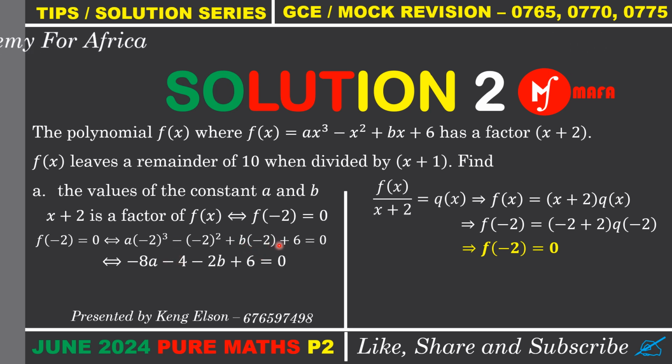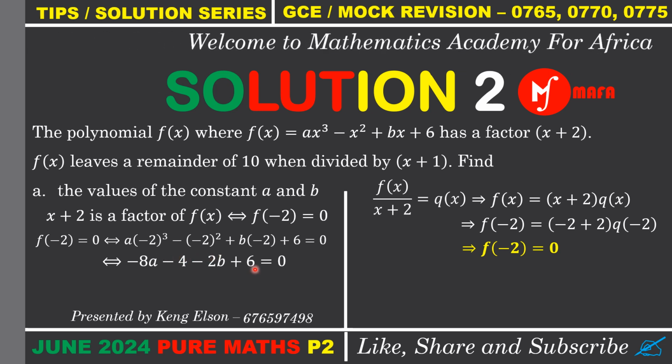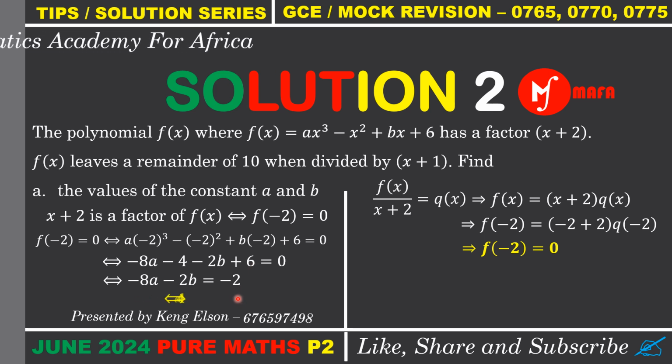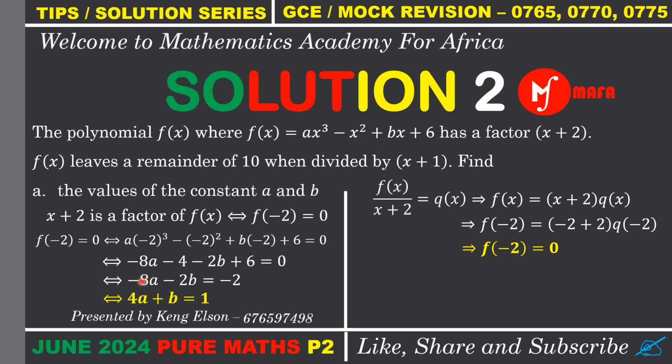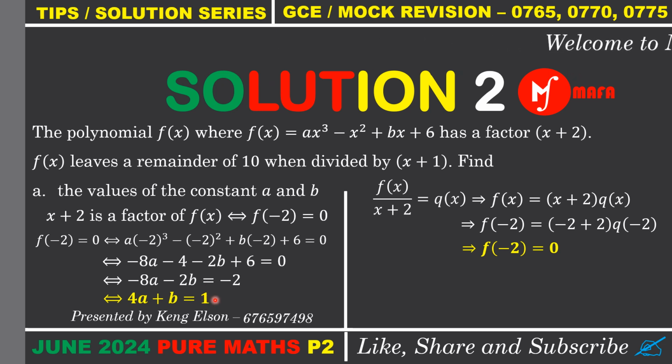Then minus 2b plus 6 equal to 0. You realize that negative 4 plus 6 is basically positive 2. When it goes to the right hand side, it becomes negative 2. We can divide all through by negative 2, and this gives us 4a plus b equal to 1. So this is our first equation.